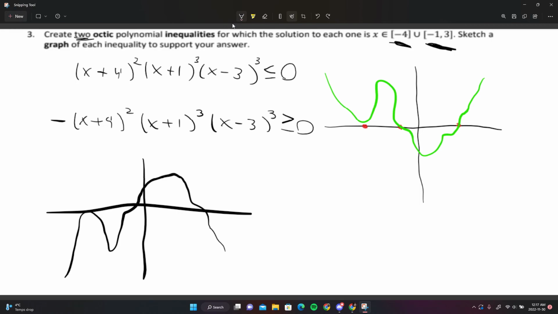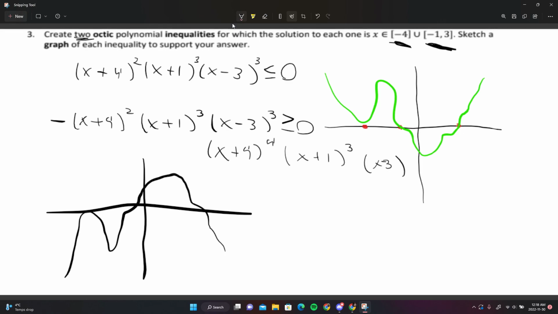I'm not entirely sure, but I believe you can do x plus 4 to the power of 4, and then x plus 1 to the power of 3, and then x minus 3 just on its own.